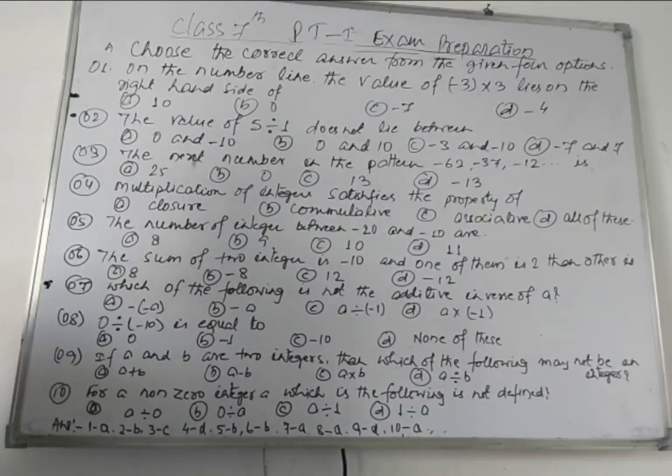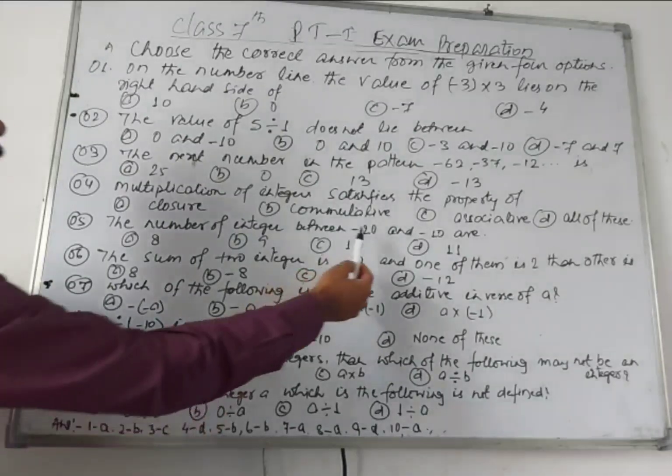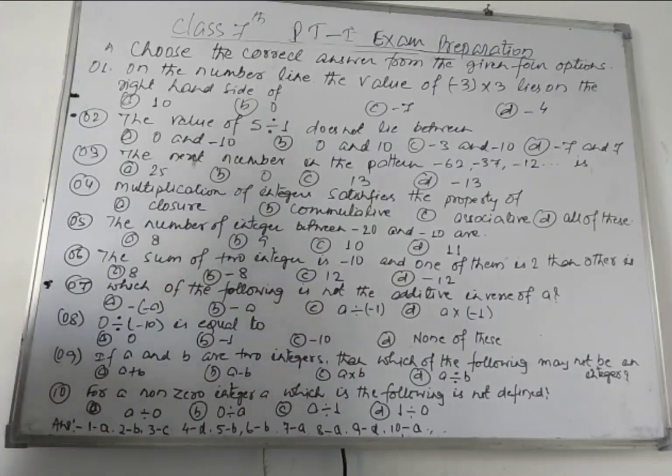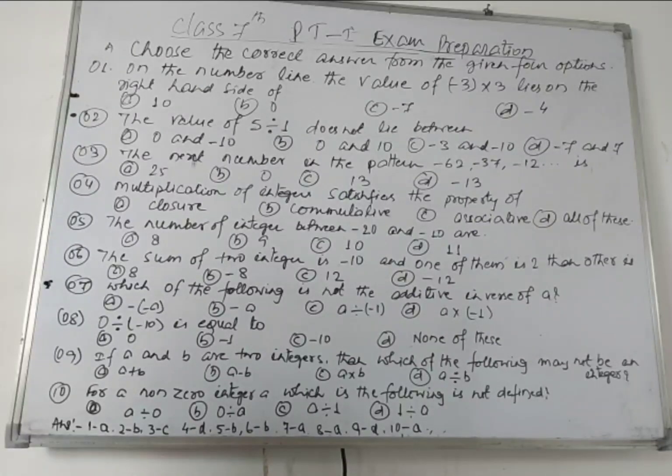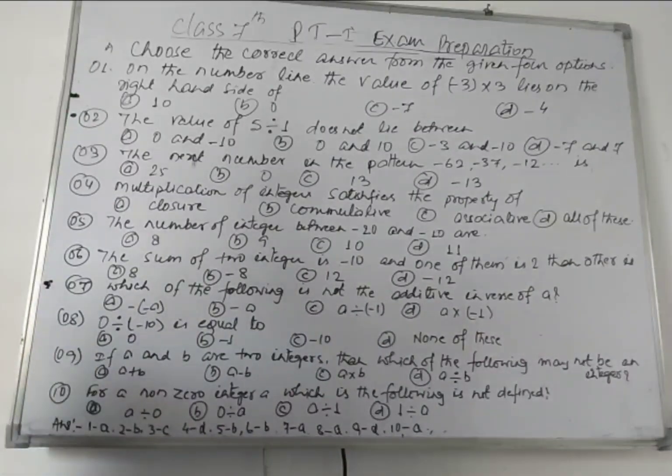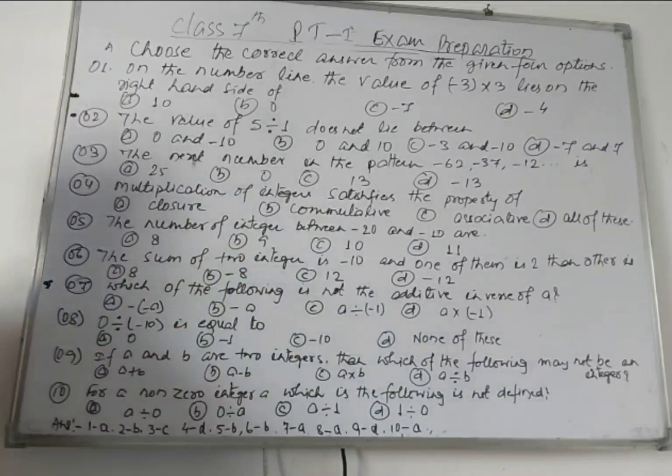The number of integers between -20 and -10 are... Between -10 and -20, how many numbers are here?